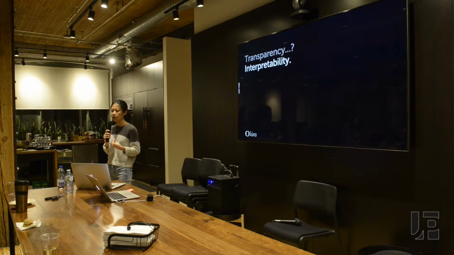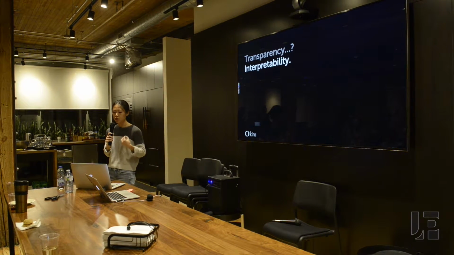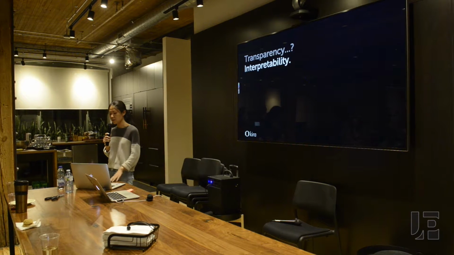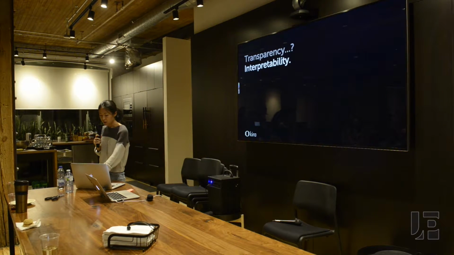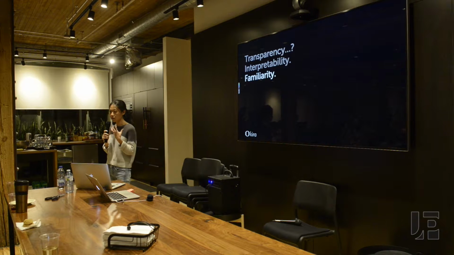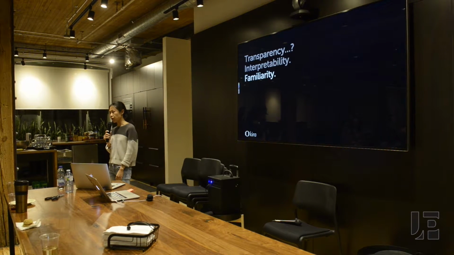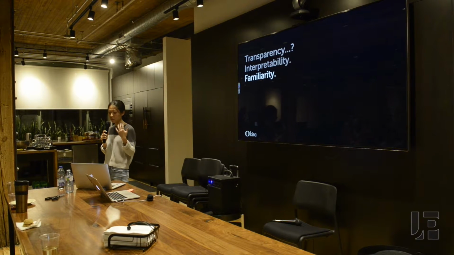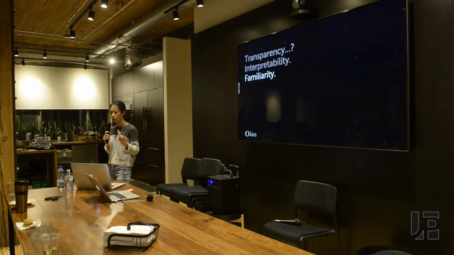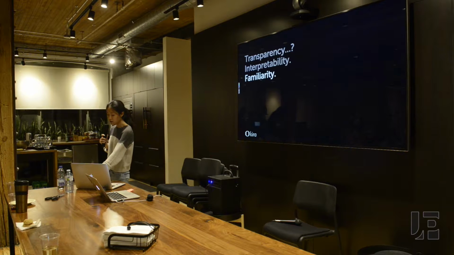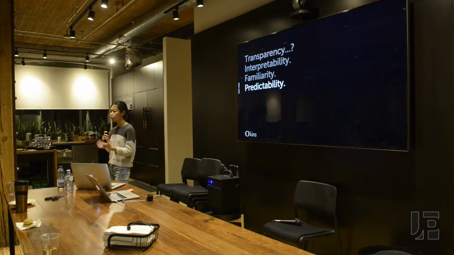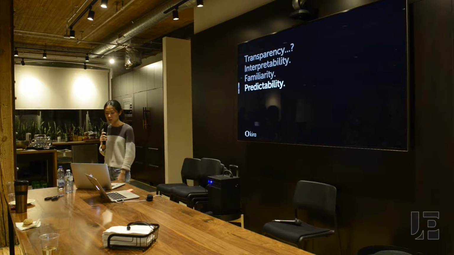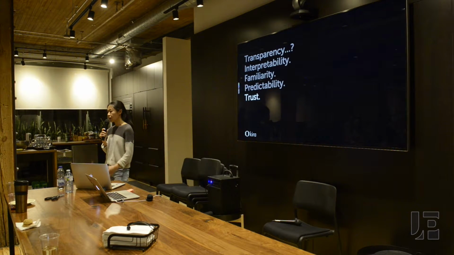It is the ability people should have to interpret and understand your interface by providing users something they're really familiar with. So, familiarity. Because of this familiarity, they were able to interpret the interface and predict what's going to happen, so giving them predictability. And ultimately, that's how you build trust.